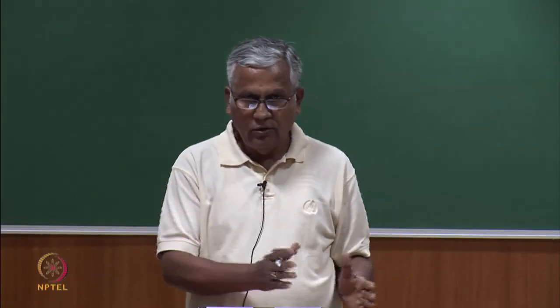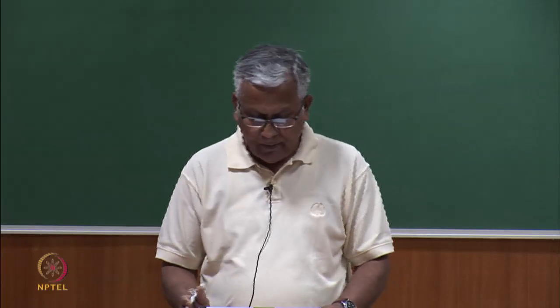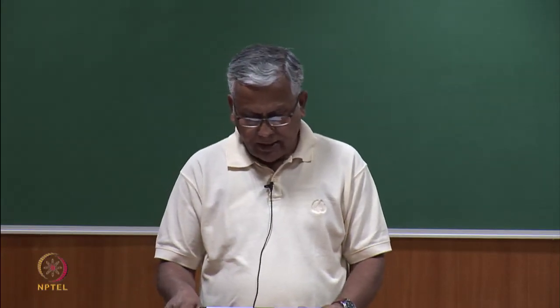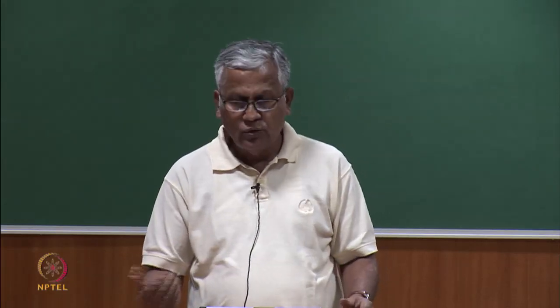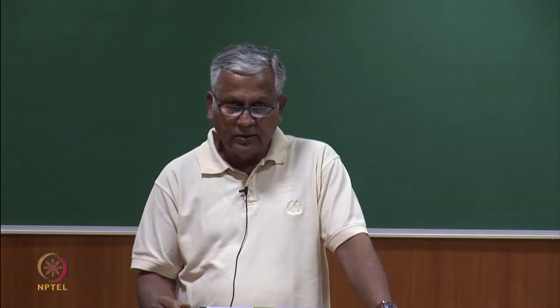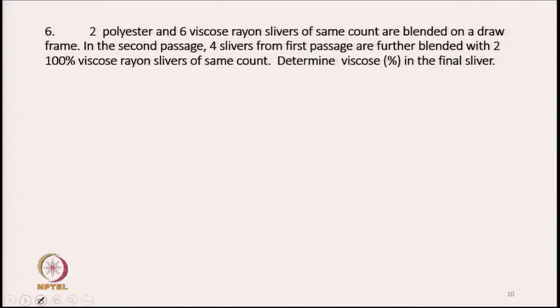So, we first blended polyester and viscose on the very first draw frame, that is the breaker draw frame, and then at the second stage we are introducing only 100% viscose rayon slivers, the rest are the PV slivers that we have already produced. If you can remember the way we solved the previous problems, then this problem also can be solved.